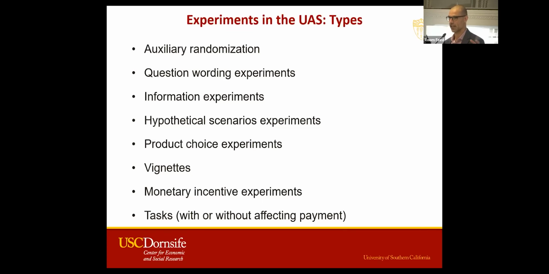Think of tasks as really laboratory experiments. So tasks that typically people give to respondents or subjects in a lab environment are implemented, or can be implemented, within the UAS. Researchers that administer this kind of experiments are worried about how seriously people take these tasks.